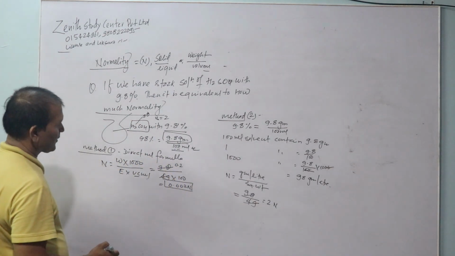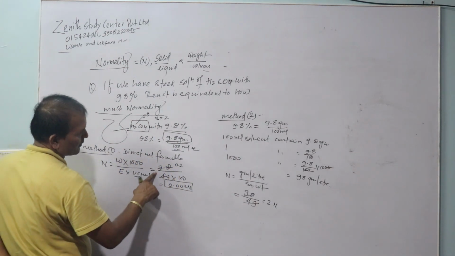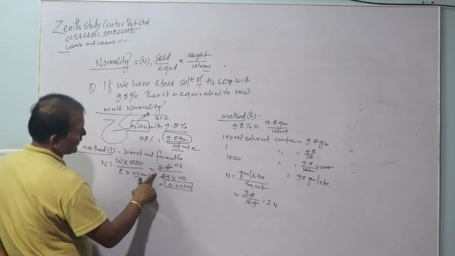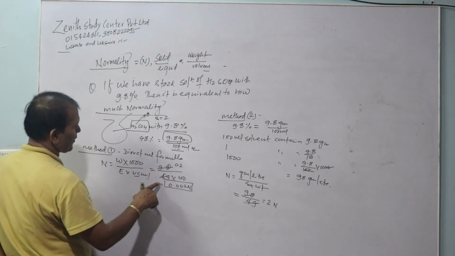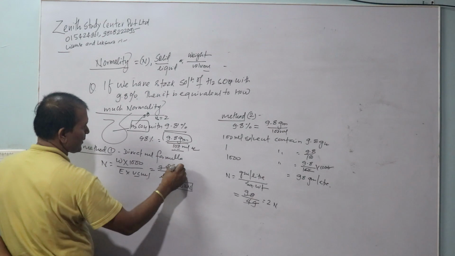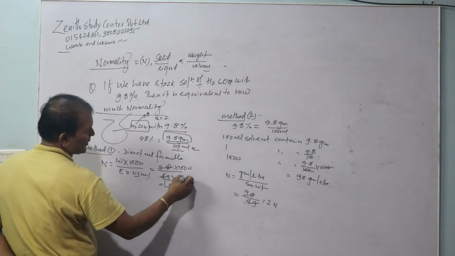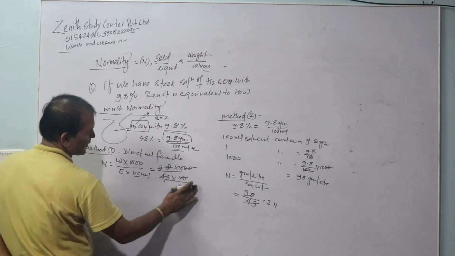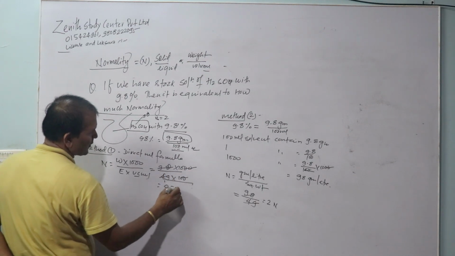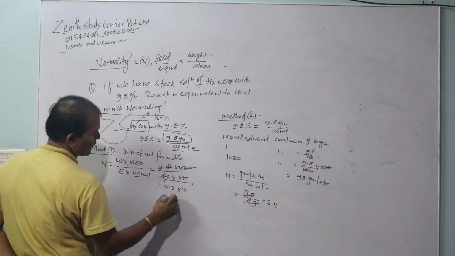Here is something wrong. Oh yeah, the 1000 multiplier is missing here. So you can cut it, and 0.2 into 10, 2 normal.